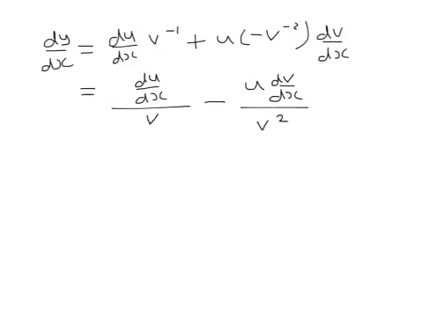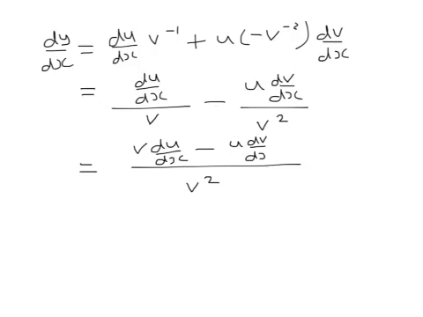That minus sign I put there. And v to the minus 2 is 1 over v squared. So let's put everything over v squared. So I've got v du by dx minus u dv by dx over v squared, and that's what dy by dx is.